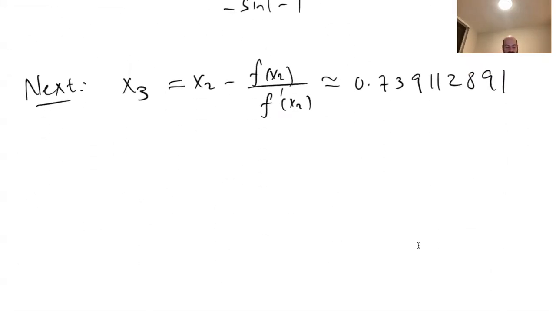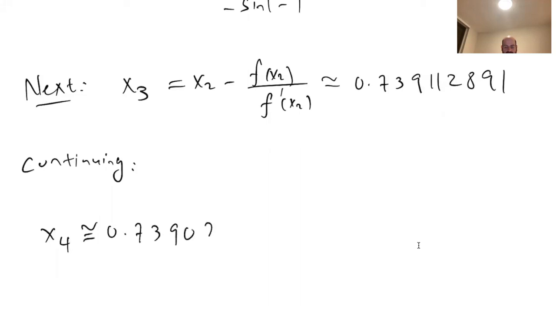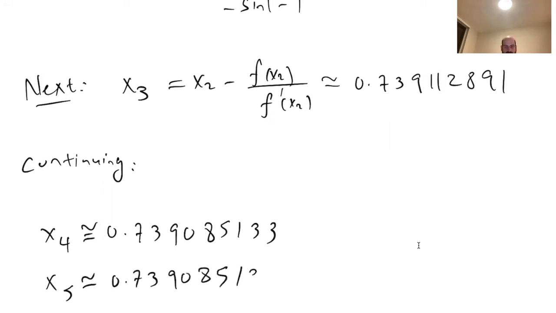Continuing this process, x4 is almost equal to 0.739085133, and x5 is almost equal to 0.739085133.